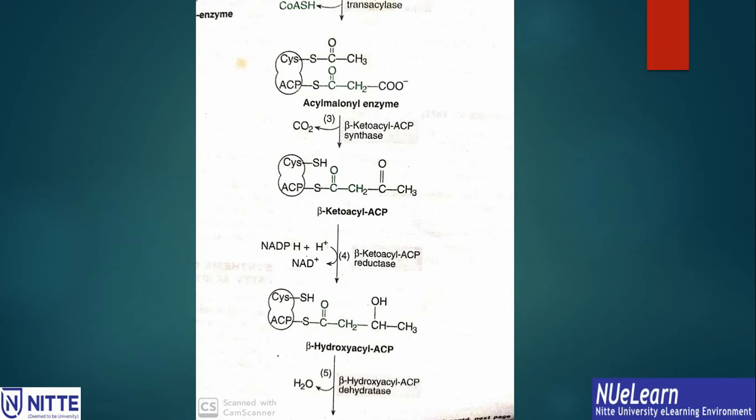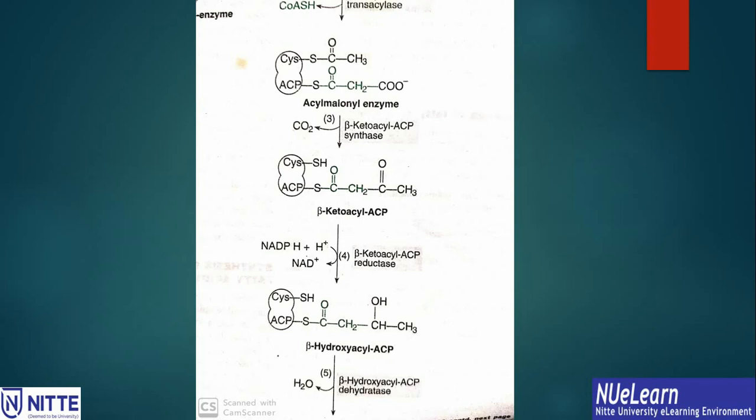Now in the next slide, you can see the third enzymic reaction that is taking place. The acetyl unit attached to cysteine is now transferred to the malonyl group, which is bound to ACP. The malonyl moiety loses carbon dioxide, that is the decarboxylation reaction.